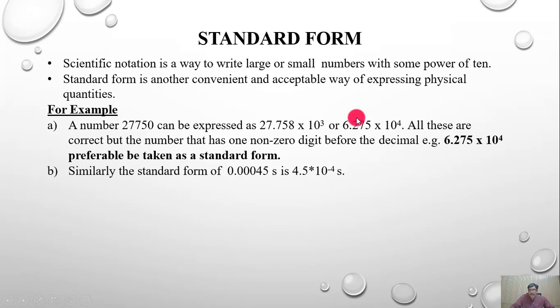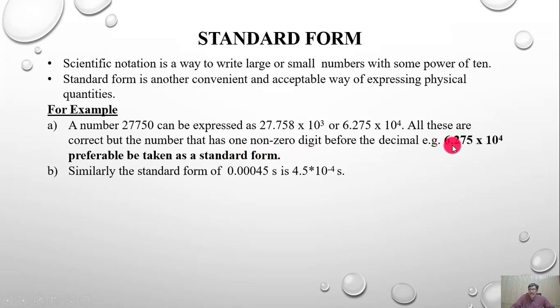Here is one example in which we have moved 4 digits and then it becomes 6.275 into 10 power 4. All these are correct, but the number that has one non-zero digit before the decimal, for example this one, 6.275 into 10 power 4, will be the more preferable standard form.